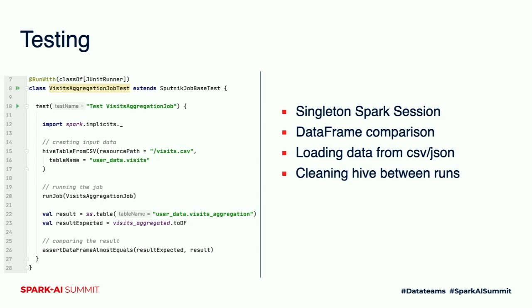When you run your job, you can pass for which specific date you're running it. You can pass all the parameters which you would have passed if you were really running your job in production. So it tries to emulate running your job as closely as possible to a real life scenario, reading from Hive, writing to Hive, and taking into account all parameters which you can pass to your job.